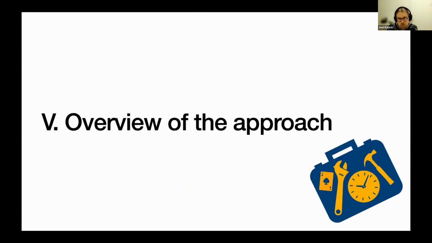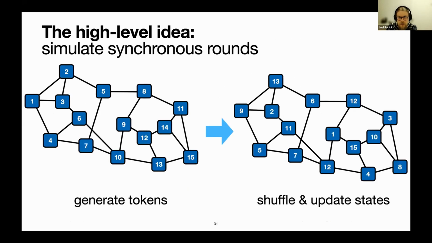And how is the simulation done? I'll give you a brief overview. The basic idea is very simple. Nodes generate their tokens in the population protocol model in order to simulate the synchronous token-based protocol. And then we just randomly shuffle these tokens in the graph using a shuffling protocol.